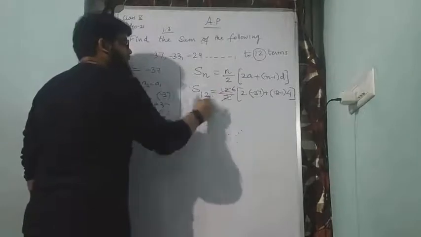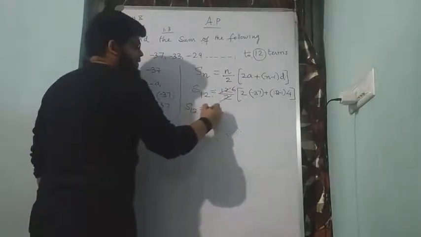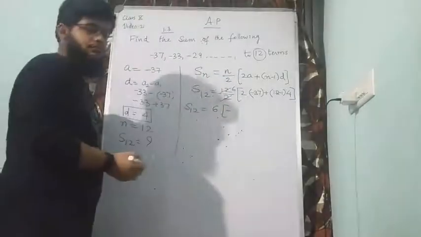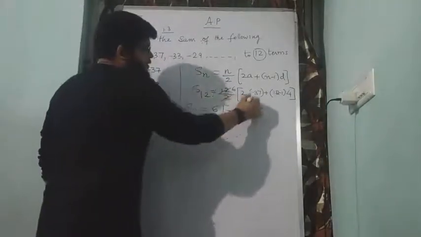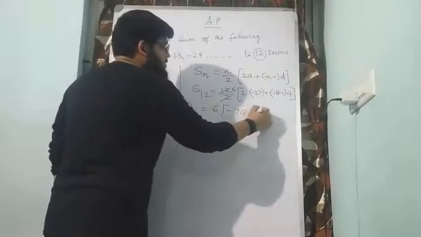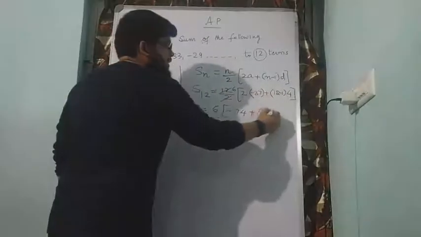2 sixes are 12, so the value of S12 will be equal to 6 into minus, as it is, 37 into 2. 2 sevens are 14, 2 threes are 6 plus 1 is 7, you get 74, plus 12 minus 1 is 11 into 4.